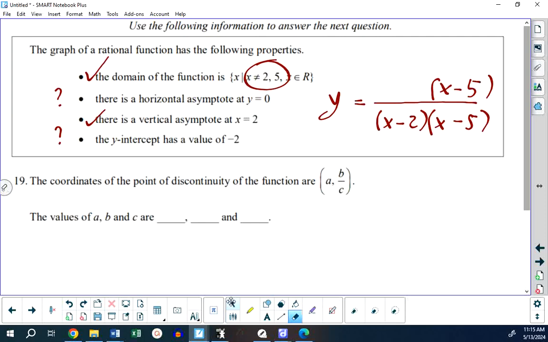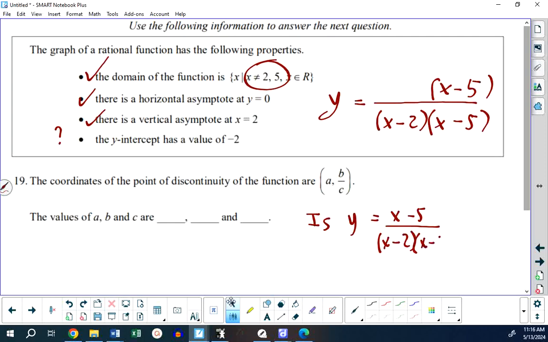Now the question becomes, and here's where things get a little sticky. Do we have a y-intercept of -2? You wouldn't be told that unless it's important. Right? You would not be told that unless it's important. So how do you find a y-intercept? And what we're really doing here is we're saying, is this correct?